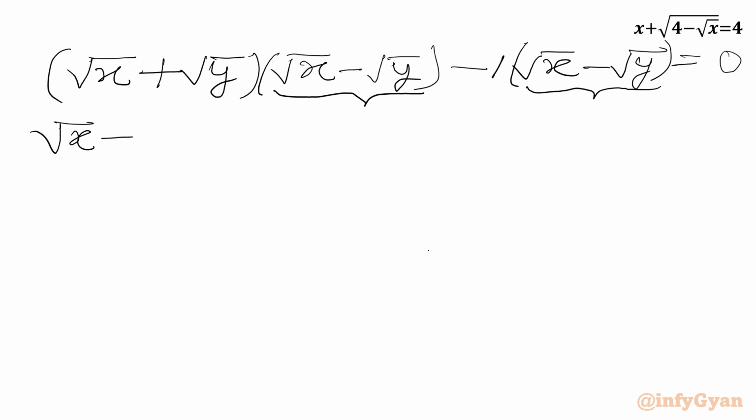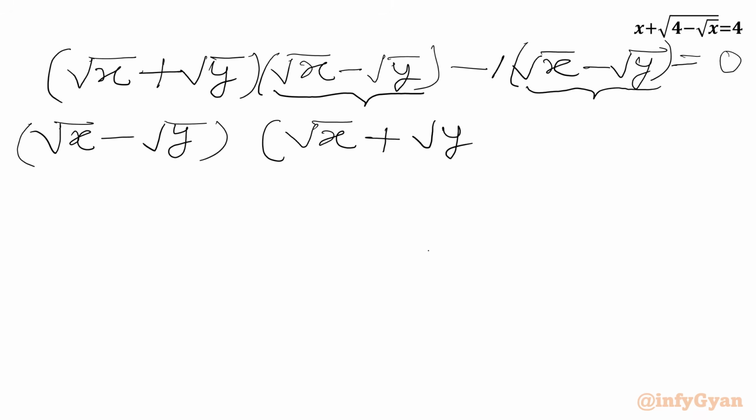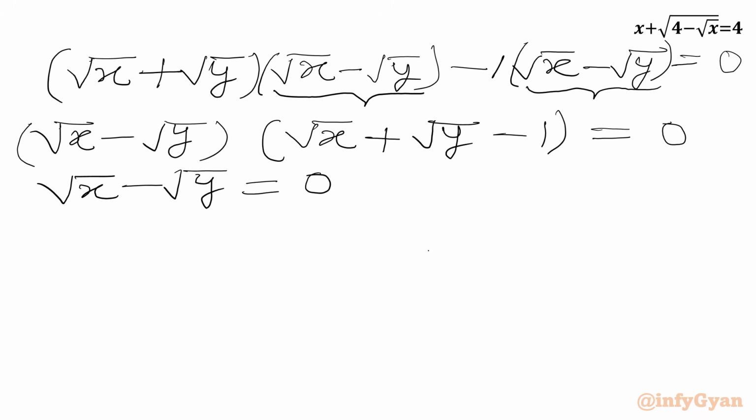So square root x minus square root y will be in the bracket times square root x plus square root y minus 1 equal to 0. Now we can go for the zero product rule. So we will be writing either square root x minus square root y will be equal to 0 or square root x plus square root y minus 1 equal to 0.